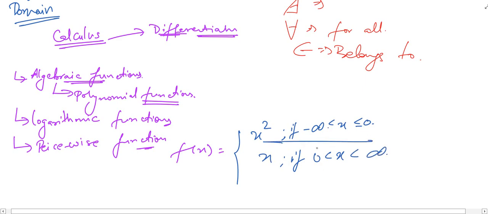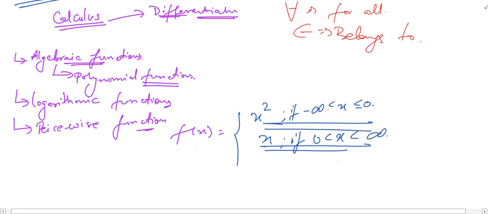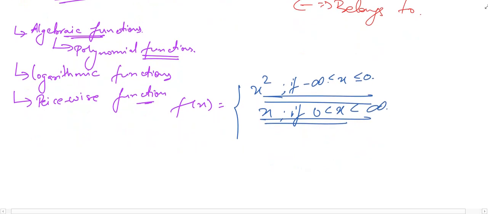So if they are defined through some pieces, then it would be regarded as piecewise functions. Some of the major and remarkable piecewise functions are the greatest integer function, the lowest integer function, and all those functions, right? So let's move ahead.